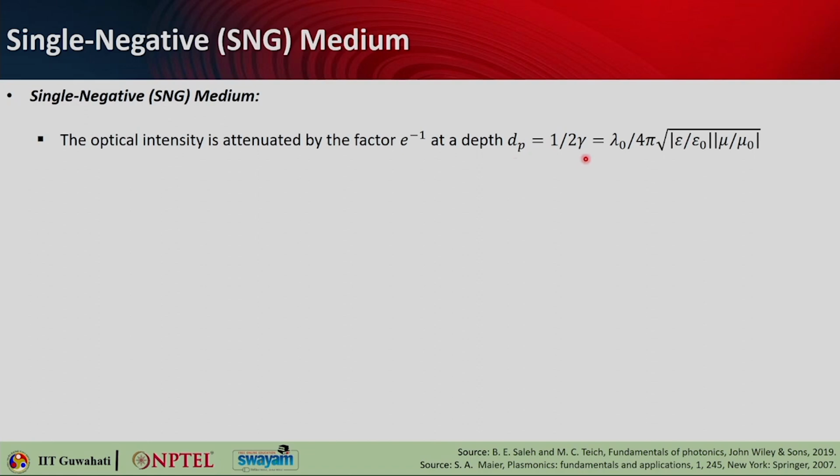That can be correlated to 1 by 2 gamma, and when you put in the other factors that determine gamma, you can write this as lambda naught over 4 pi times the square root of modulus of epsilon over epsilon naught times modulus of mu over mu naught. This gives you the penetration depth, or skin depth, of that material, which is what we know about the skin depth of metals and other things.